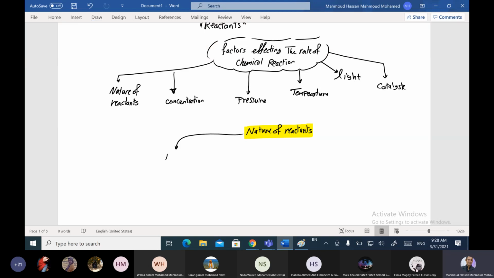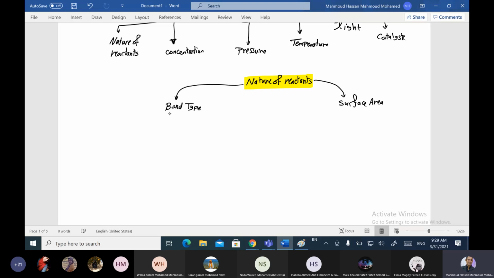Bond type, surface area. Start firstly with the bond type. We have two types of bonds, the ionic bond and the covalent bond.